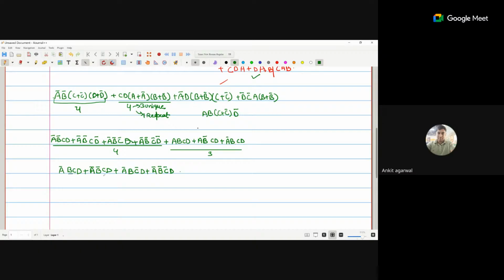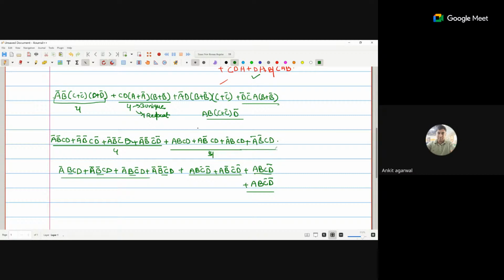Okay, plus A, B, C bar, D bar, plus A, B bar, C bar, D bar. 2 terms from here, and from this one 2 terms: A, B, C, D bar, plus A, B, C bar, D bar. So 2 terms, 4, 4, and 4.